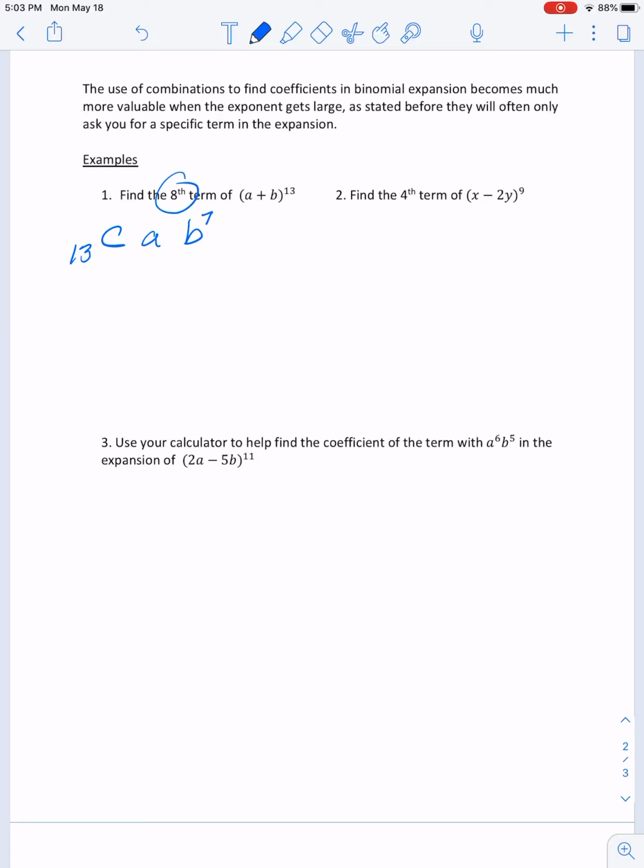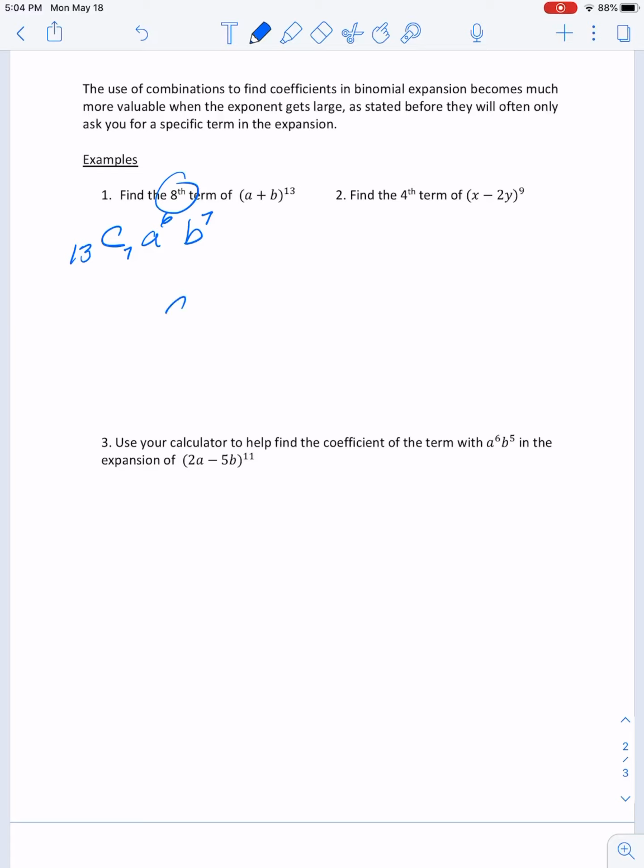Remember, the power on the second variable is always 1 behind whatever term you're on, because it starts at 0 power in the first term and then starts going up. Also remember that these two powers have to add up to equal 13, so we know that has to be a 6, so that 6 plus 7 is 13. Okay, this here will always match the power of the second variable.